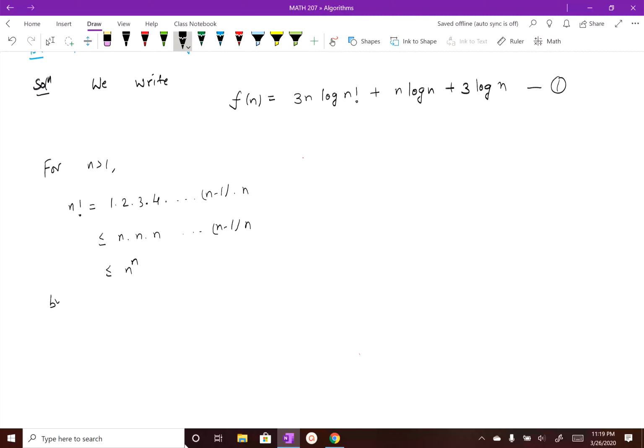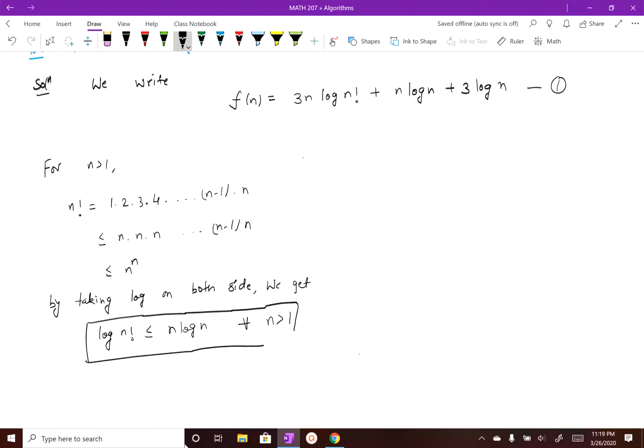And by taking log of both sides, we get log of n factorial is less than or equal to n times log of n for all values of n greater than 1. Okay. So from here we can say that log of n factorial is big O of n log of n.